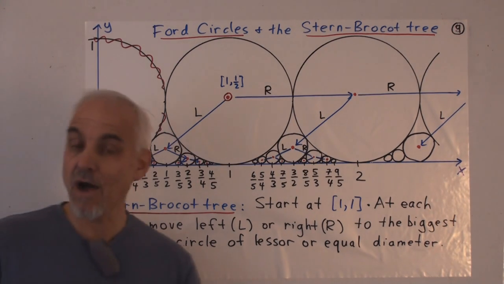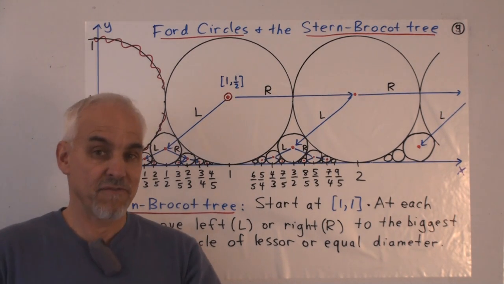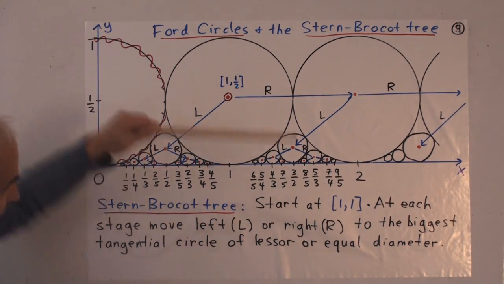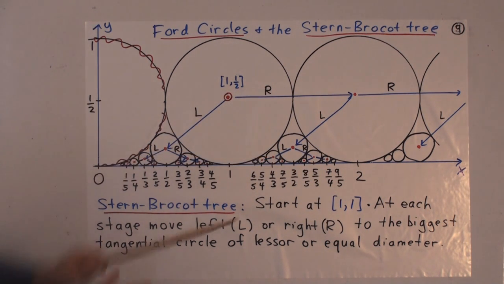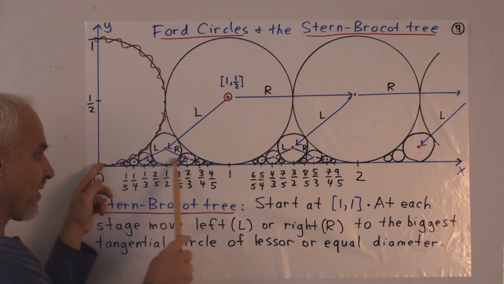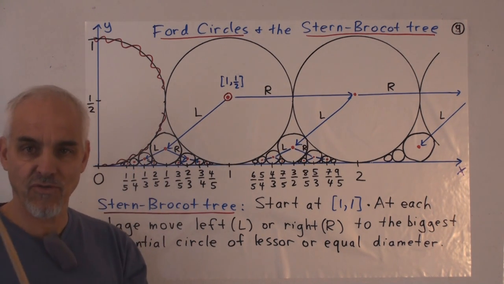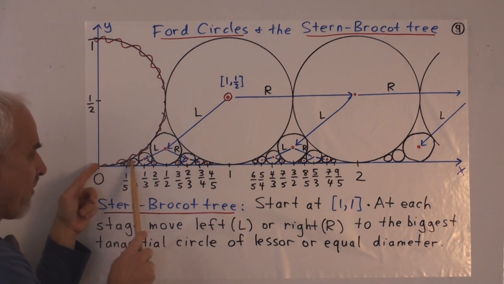This also, by the way, allows us to connect the Stern-Brocot tree with the Farey sequences. Because we saw that the Farey sequences are what we get when we go down a certain level and then start going across and recording all of the circles that we meet as we go from 0 to 1 at a certain level.